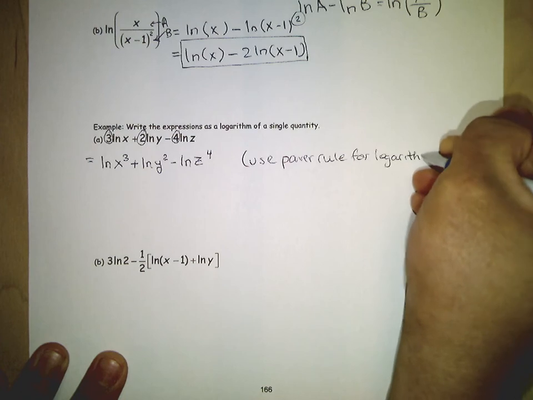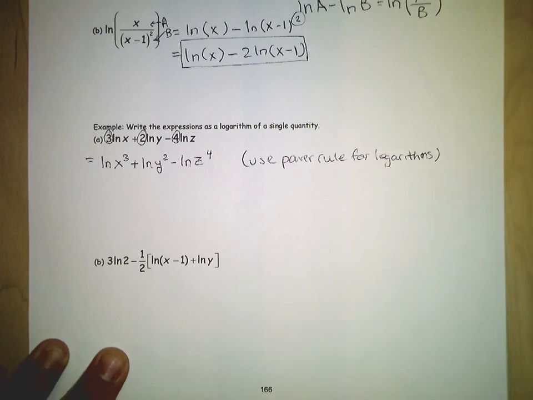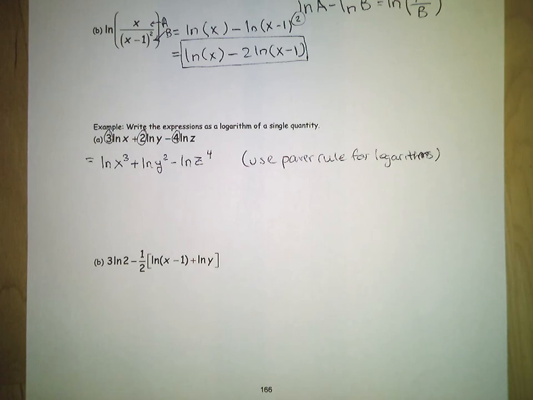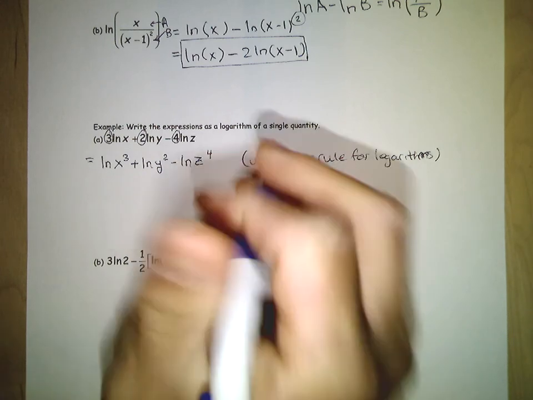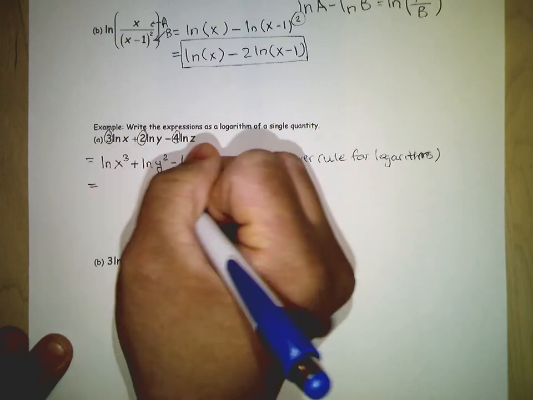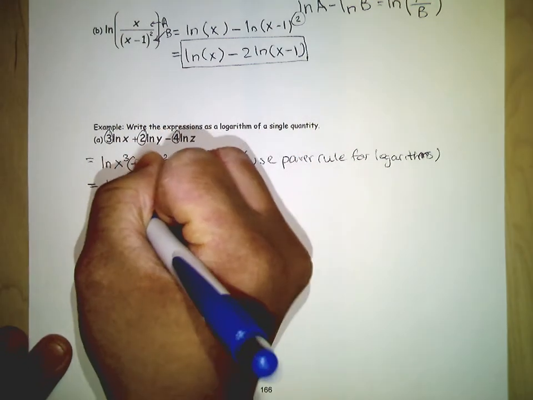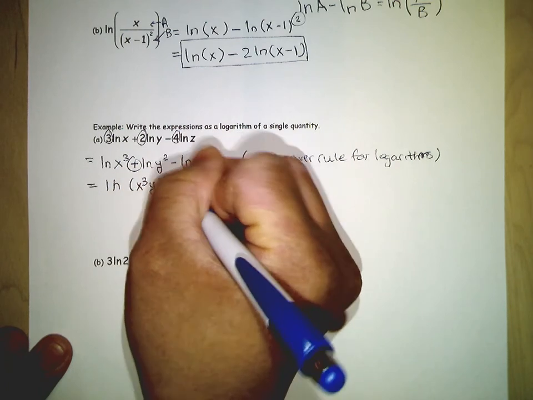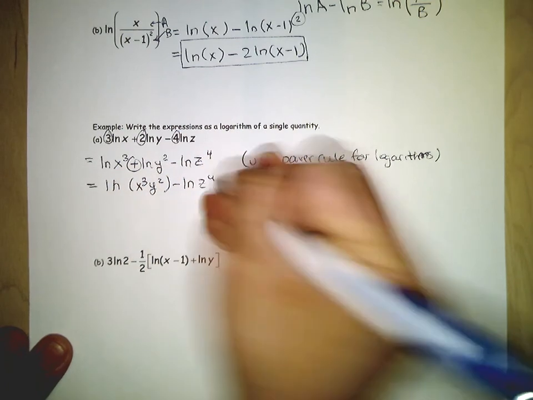Now I want to be specific on that because we've had lots of power rules already, like power rule for derivatives and so forth. And now, let's see, we'll use the product rule. So there's a plus, so we can multiply this as natural log of x to the third times y squared minus natural log of z to the fourth.